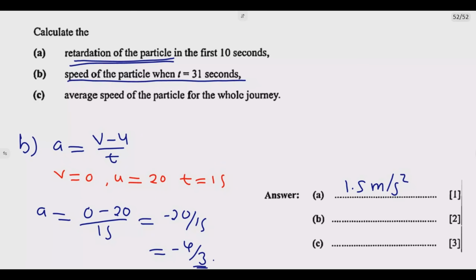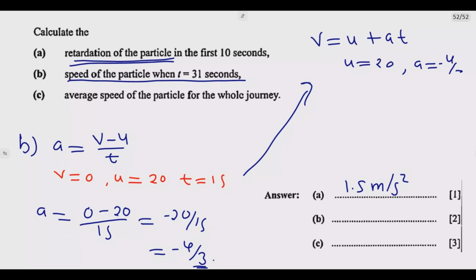Since we know this, then we can find speed using final velocity is equal to initial velocity plus a t. So initial velocity we know is 20. Then acceleration, from what we just found, is minus 4 over 3.